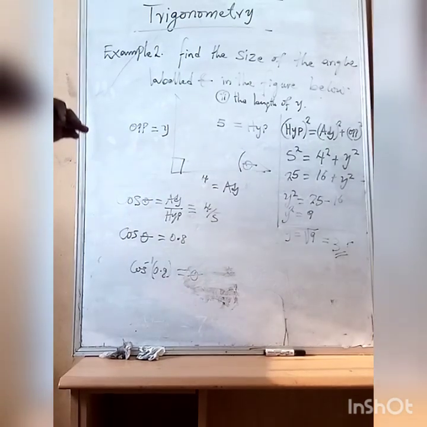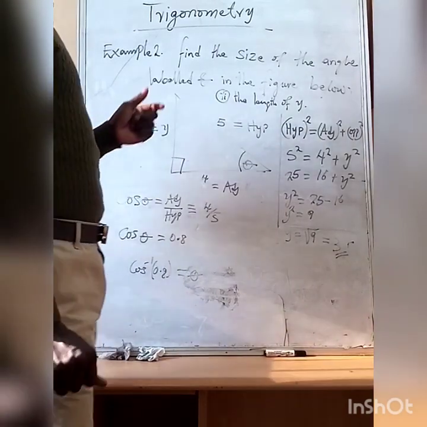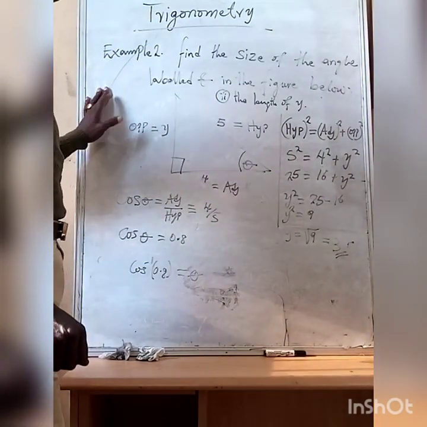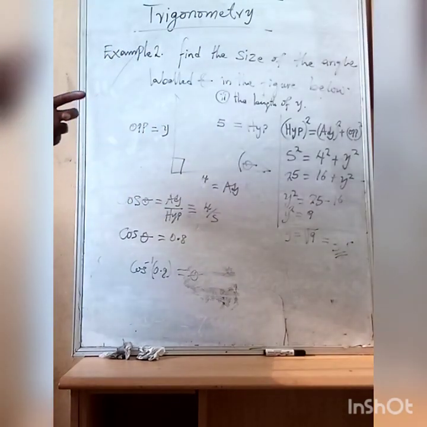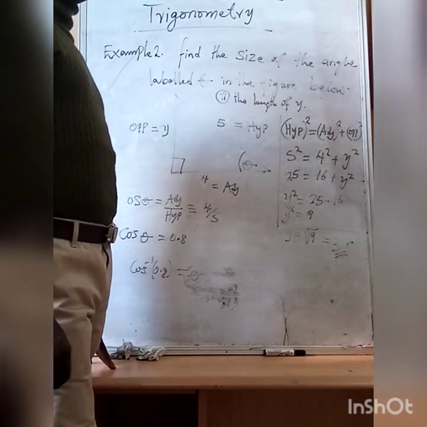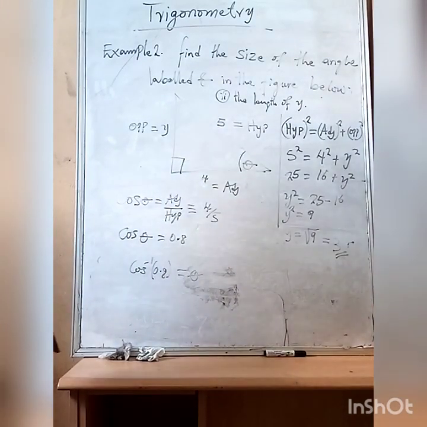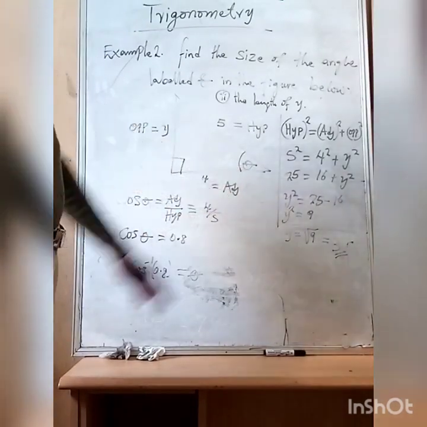Now there are some applications. Don't forget I have always mentioned the fact that this is at basic level. I was with a candidate, I think within the week or over the weekend or so, and she was trying to apply sine rule.